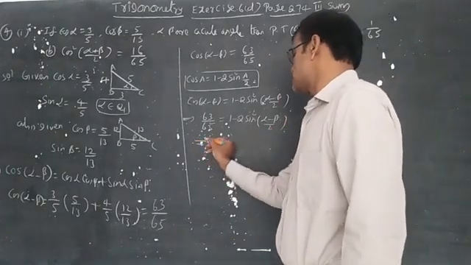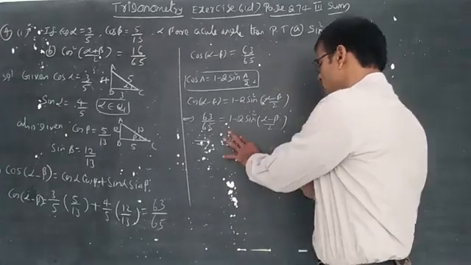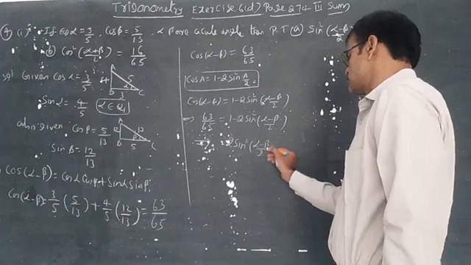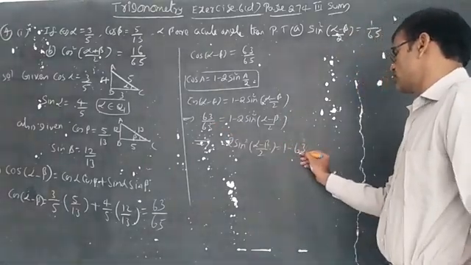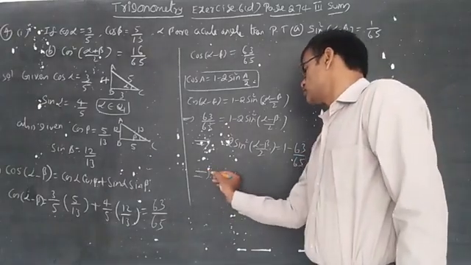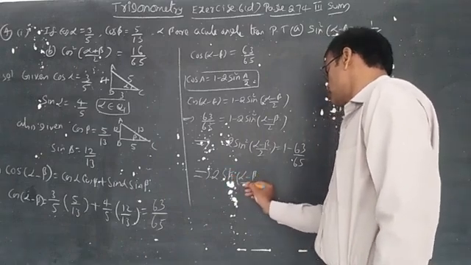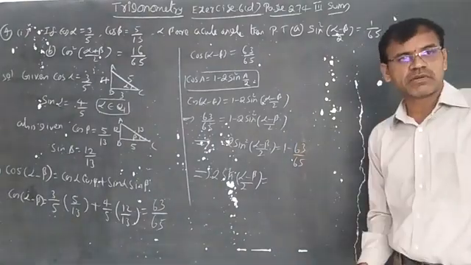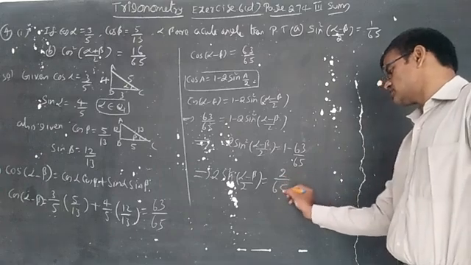That implies 2 sin square of (alpha minus beta) by 2 is equal to, taking this term to this side, 1 minus 63 by 65. That implies 2 sin square of (alpha minus beta) by 2, by taking LCM, 65 minus 63, you can write 2 by 65.